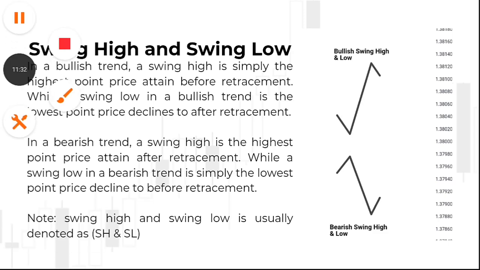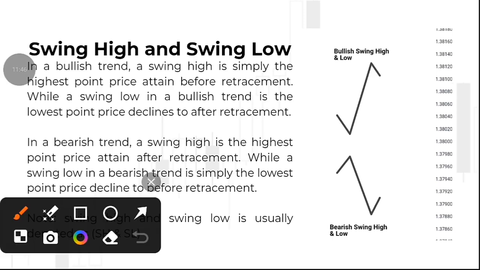So a swing high is the highest point price attains before retracement. Where is the highest point that price gets to before retracing?